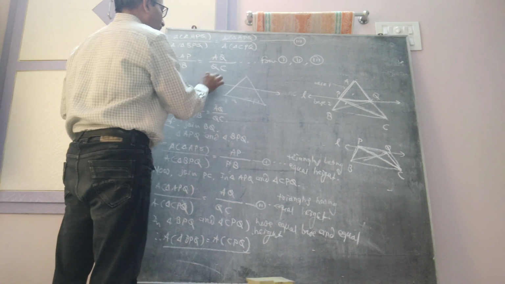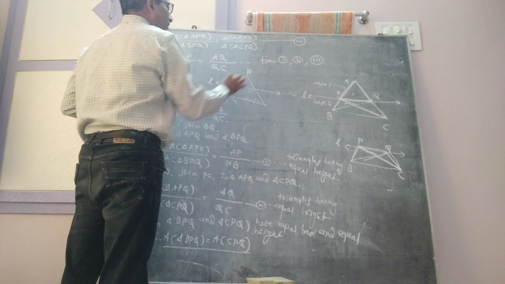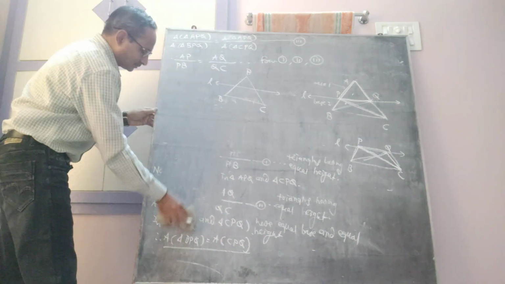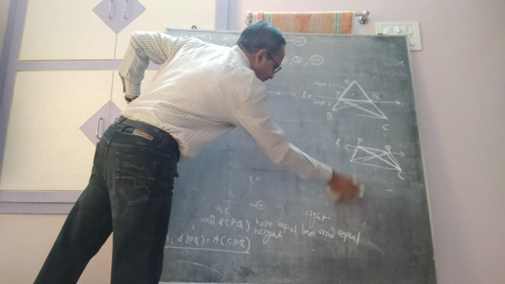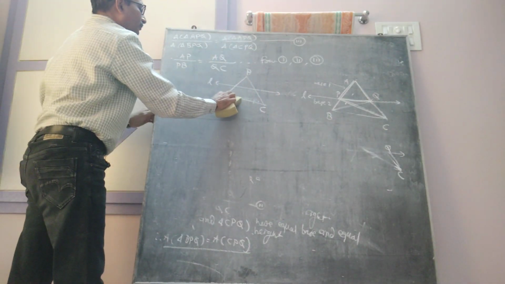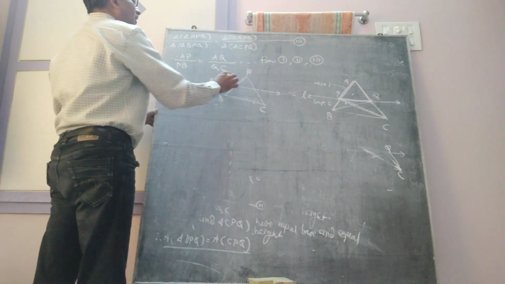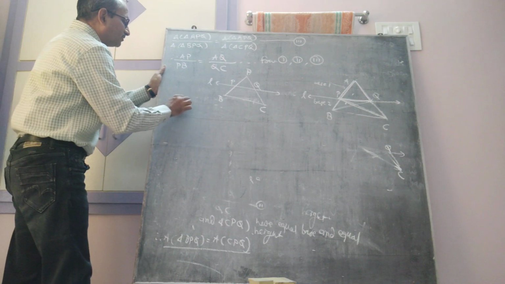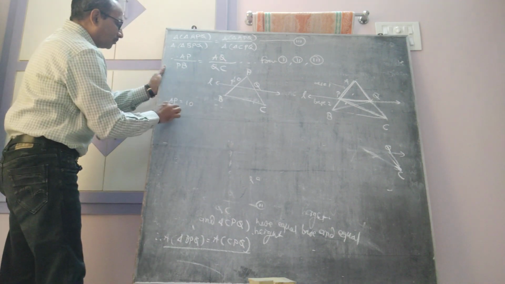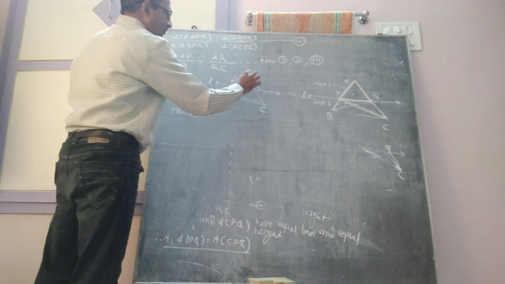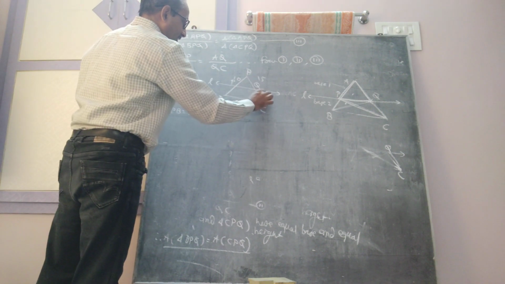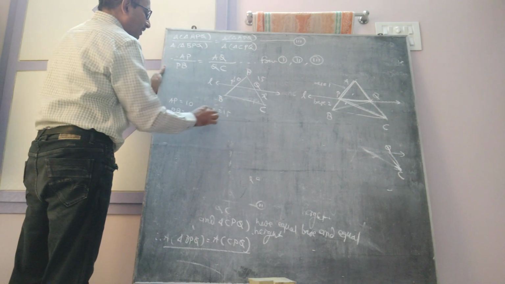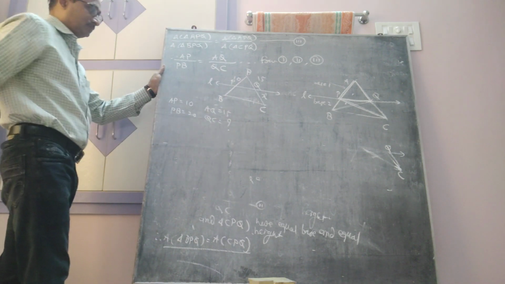This is a line which intersects at this point P and this point Q. Here it is given AP is equal to 10, PB is equal to 20, AQ is equal to 15, then find the value of QC.